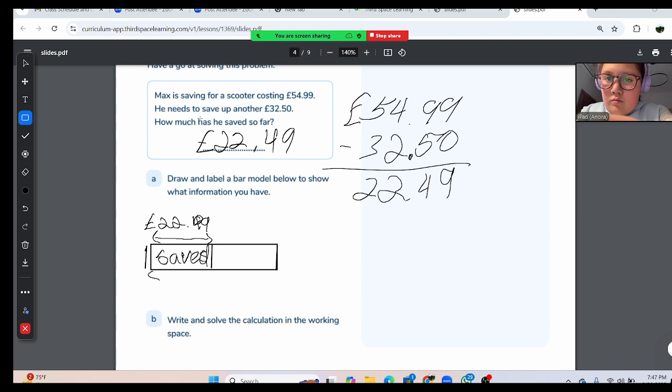Exactly. Some of the amount he has already saved, and some he needs more to get the scooter.